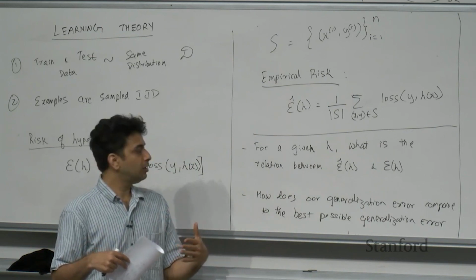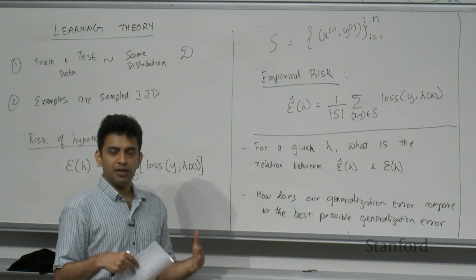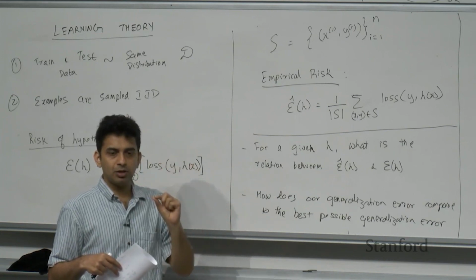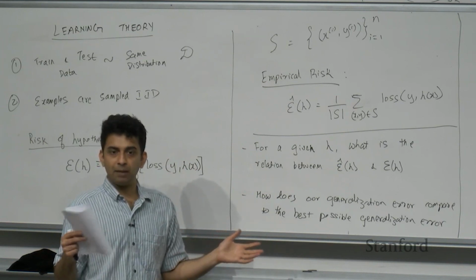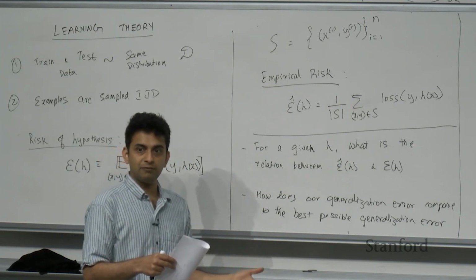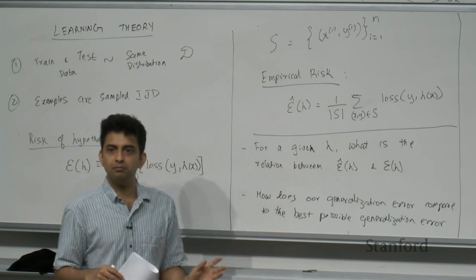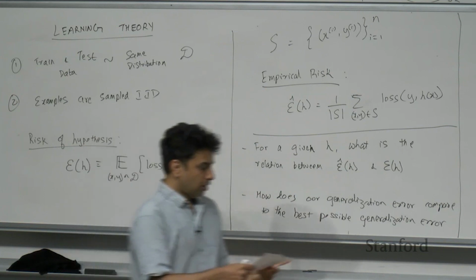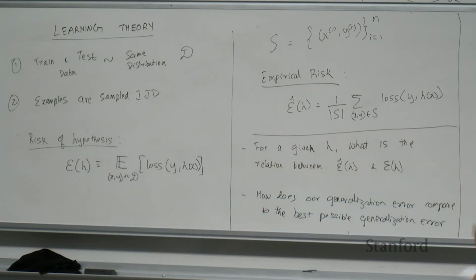If we know that the generalization error of our model is within some small range of the best possible generalization error, then we are happy. We may not be happy with the result itself, but we know that we are pretty close to what's theoretically possible.